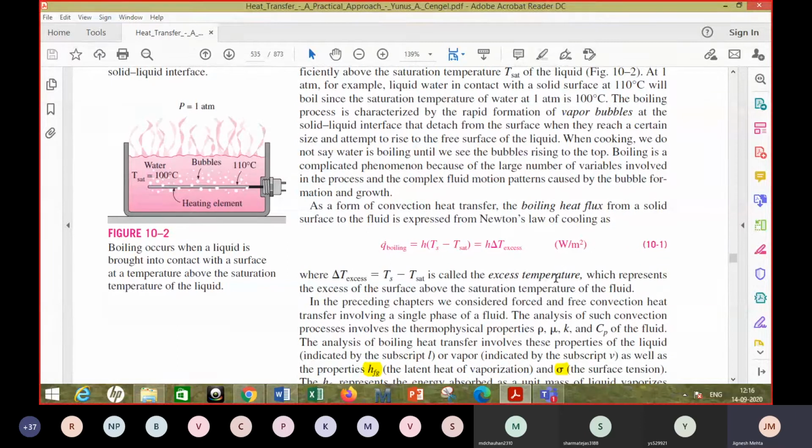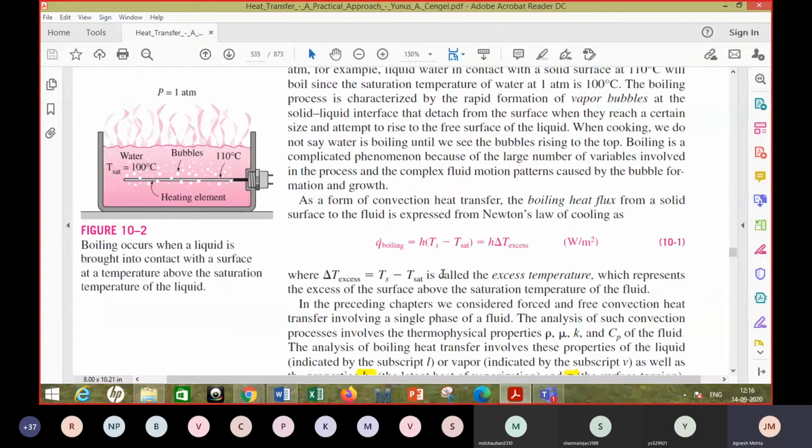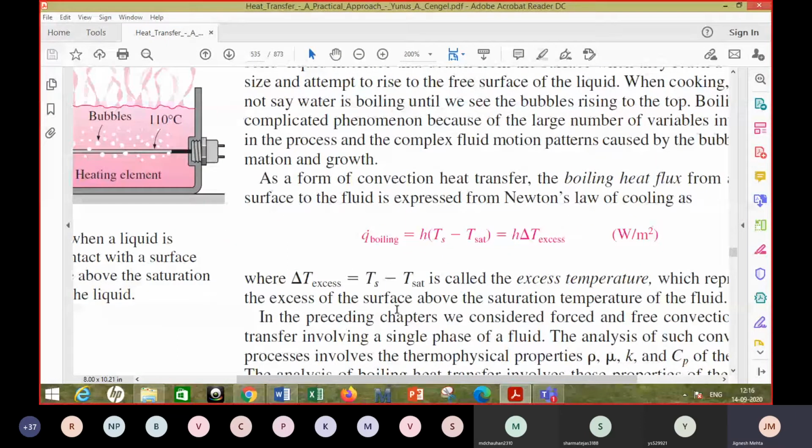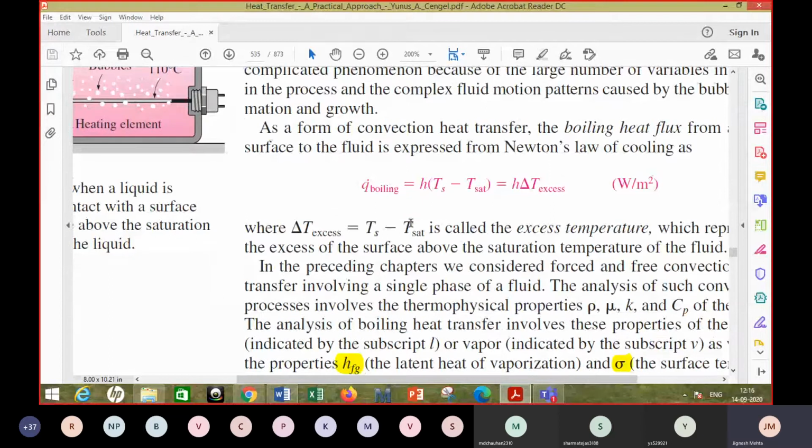Okay, so this is also boiling, and as it will be defined, this is called pool boiling. Okay, so you can see the basic formula here, Q dot boiling, you may write capital Q. So what would be the unit? Okay, so here it is because it is heat flux, you may write lowercase q dot, so it's watt per meter square is equal to h into (Ts minus T saturation).